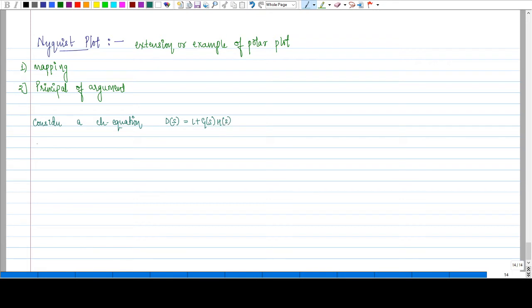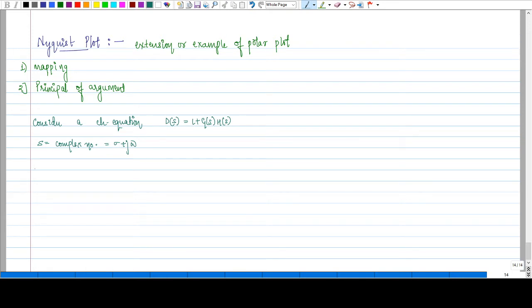Now, S here is a complex number, which will have both real and imaginary parts, that is sigma plus J omega, where sigma is the real part and omega is the imaginary part.